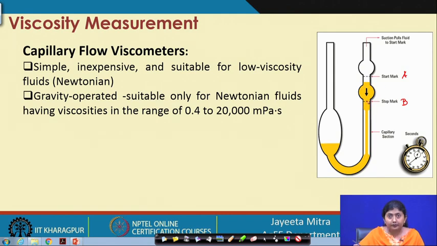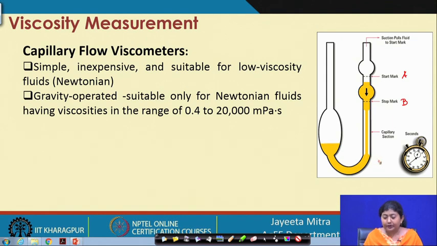And also we want to know what volumetric flow can happen under a certain driving force. Normally the driving force is the action of gravity for low viscous material. If we take gravity operated fluids, the range of viscosity 0.4 to 20,000 millipascal second can be handled by the capillary viscometer.